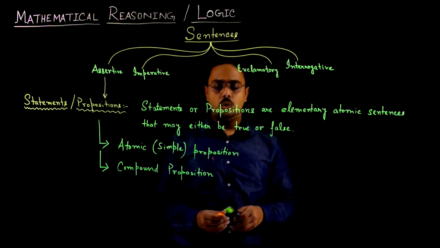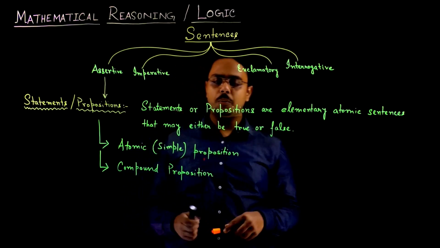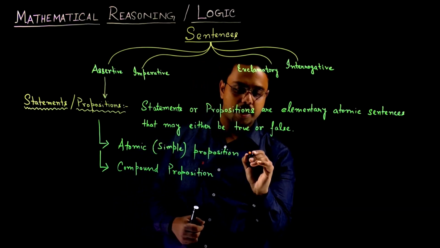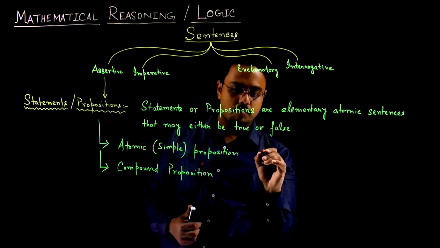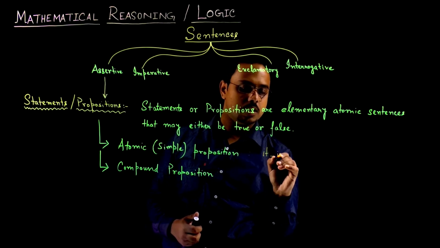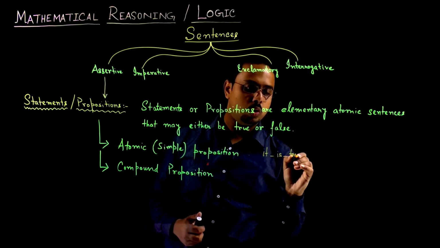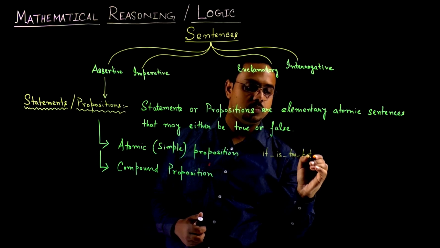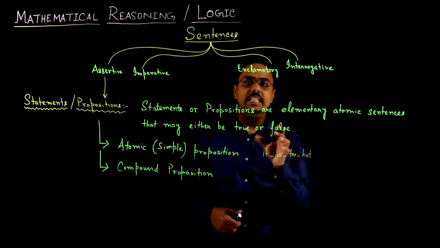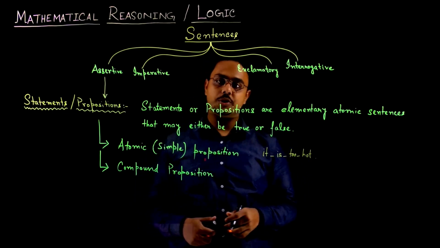Okay, so an example of an atomic proposition is a simple statement, say, it is too hot. Okay, so this is an example of an atomic proposition.